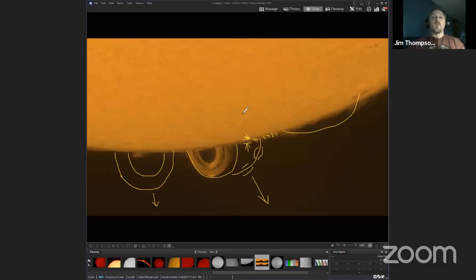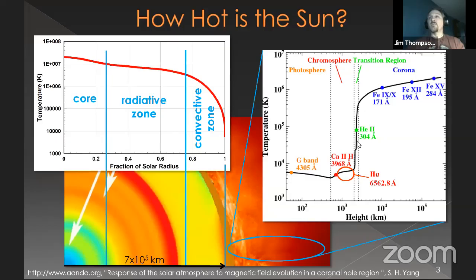Now, the thing that's a little bit hard to conceive of is the fact that even though the temperature is really high in the corona, I'll switch back to this picture here. Even though the temperature is really high, the density of the material is extremely low.